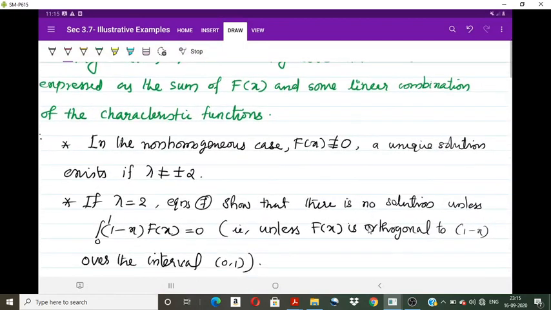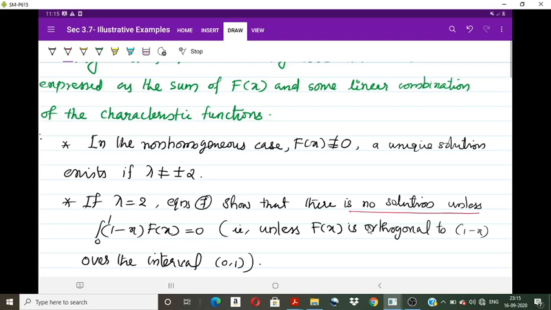A unique solution exists if and only if lambda not equal to plus or minus 2. If lambda equal to 2, equation 7 shows that there is no solution unless the integral from 0 to 1 of (1 minus x) into capital F of x equal to 0.